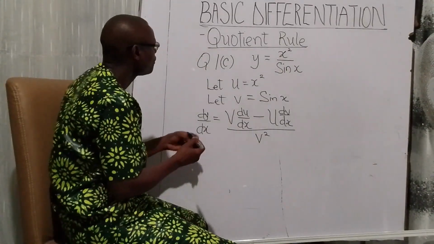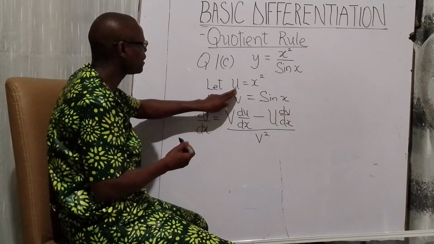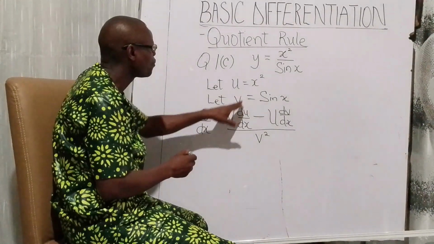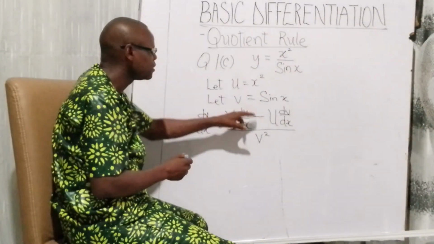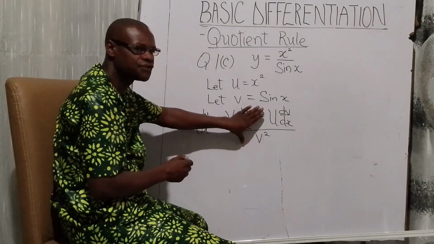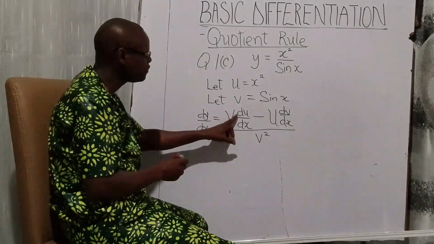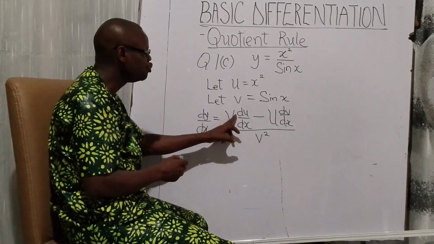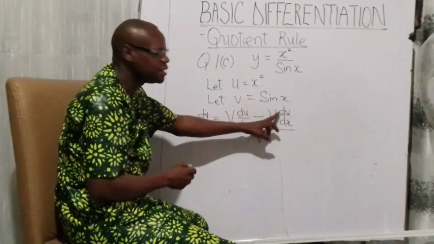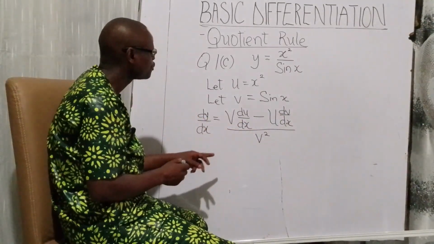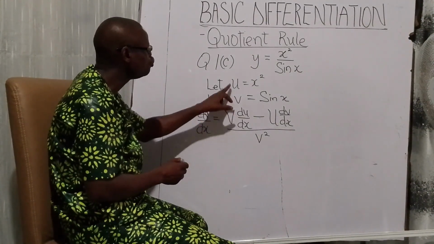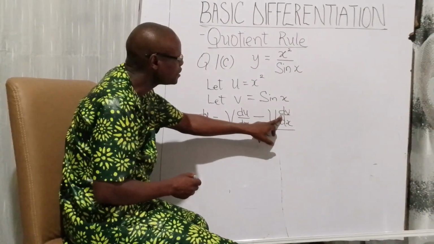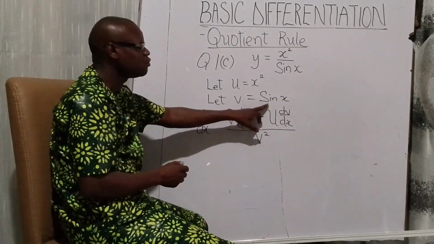Now, from what we have here, we already have an expression for u and we already have an expression for v. So what we only need from this formula is to derive du/dx and dv/dx. This is differentiating u with respect to x, and this one is differentiating v with respect to x.